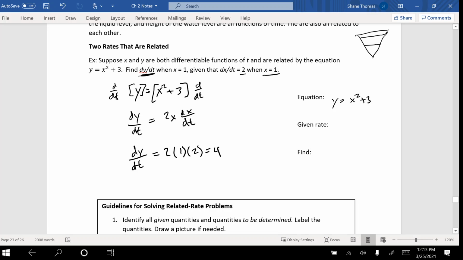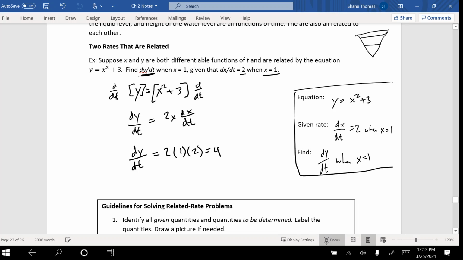Our given rate was dx/dt was 2 when x equals 1. All right, and we were looking for dy/dt when x equals 1.